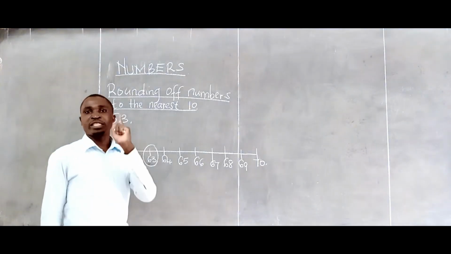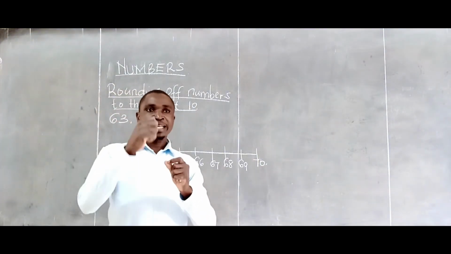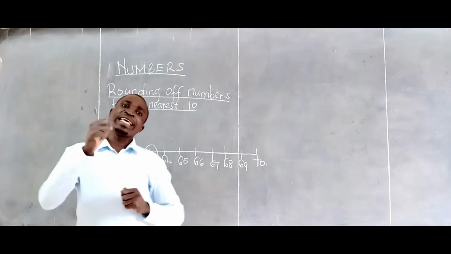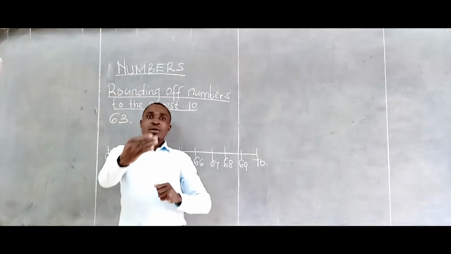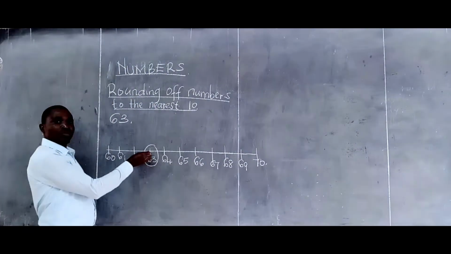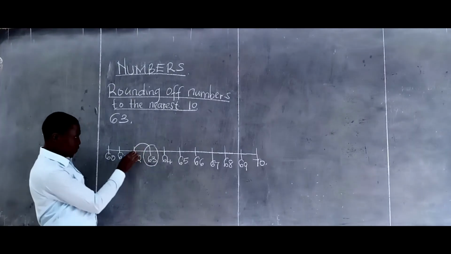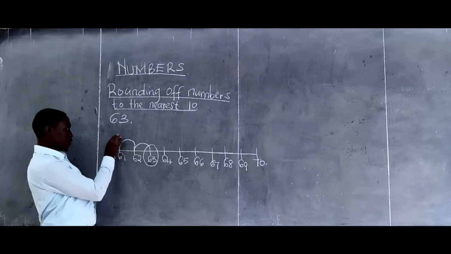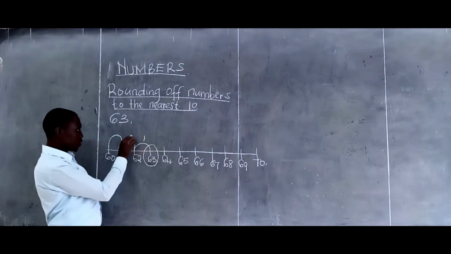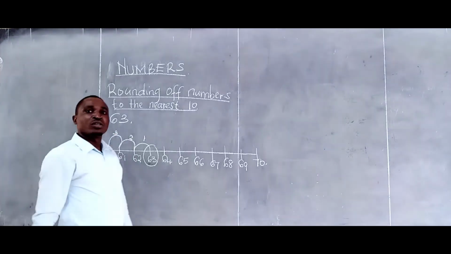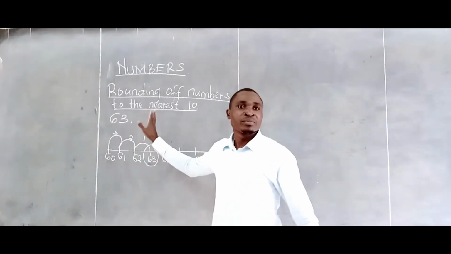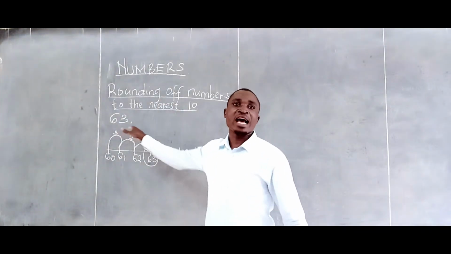we are going to count the intervals from the number which we have identified. Our number is, of course, 63. We are counting the intervals from the number up to number 60. Just observe. Our number 63, when we count the intervals from 63 up to number 60, we have three intervals.